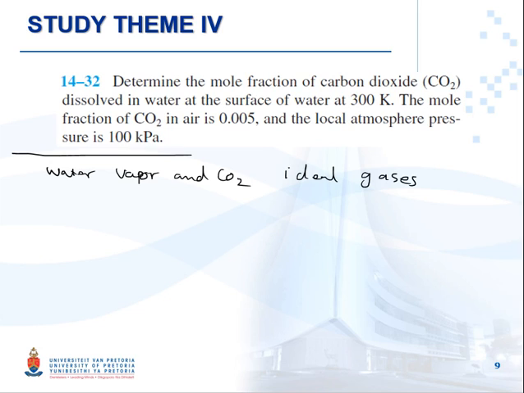Okay, surface of water, so we know that air at the water surface is saturated. We know this one as well. Now when we know that the air at the water surface is saturated, we need to find the saturation pressure of the water at 300 Kelvin.